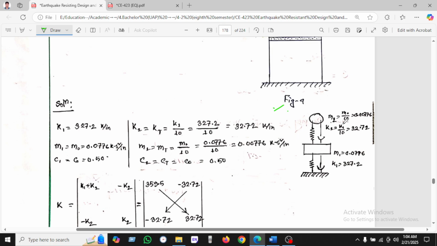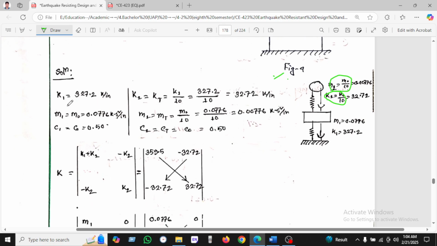We have seen here M2 is given as a tenth of the initial M1, and K2 equals a tenth of K naught. Okay, so let's see.